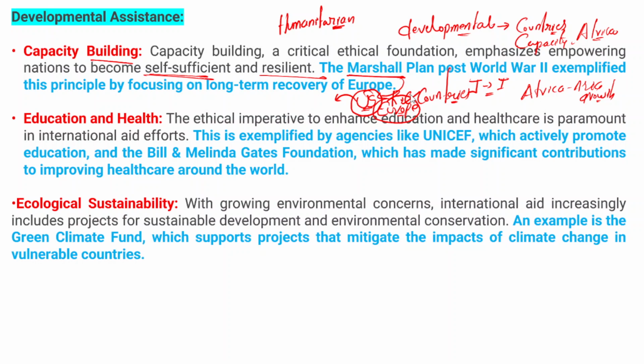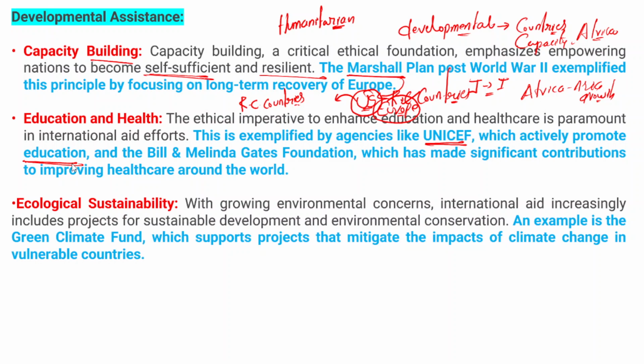Developmental assistance also includes improving education and providing quality health care for people living in resource challenged or resource starved countries. One such example is UNICEF, an international organization that works for the education of children and has been proactively ensuring access to better quality education for children across the globe.